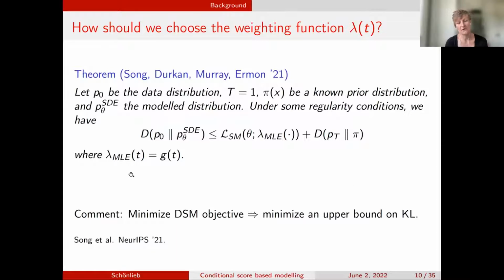One nice thing about this is, since you are minimizing the DSM objective, the one with the transition densities, you are also minimizing an upper bound on this KL divergence. This is not ideal in a way.